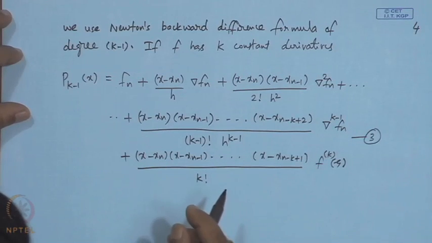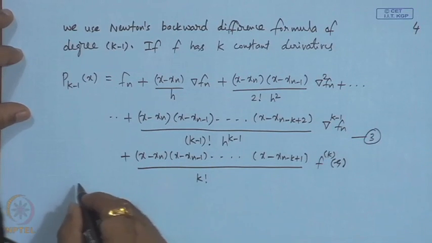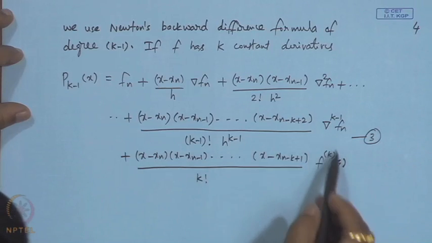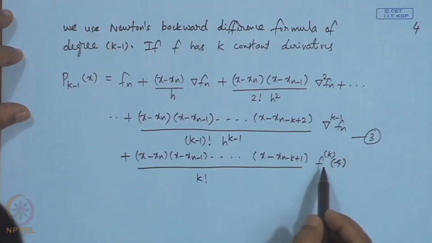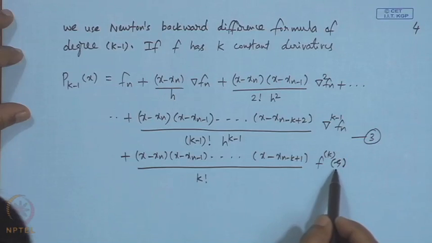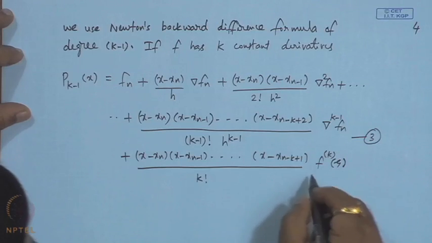Okay. So, this where f k is the kth derivative of f evaluated at some zeta in the interval.